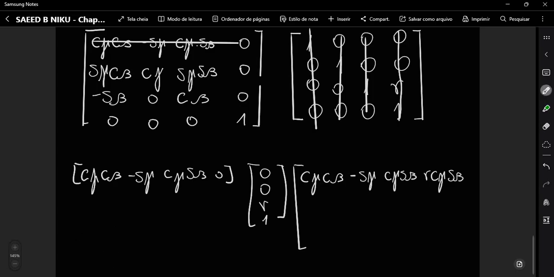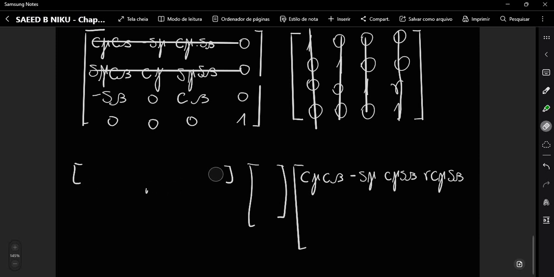Now the second line, sine of gamma, cosine of beta, cosine of gamma, sine of gamma, sine of beta, is 0, 1, 0, 0, 0.